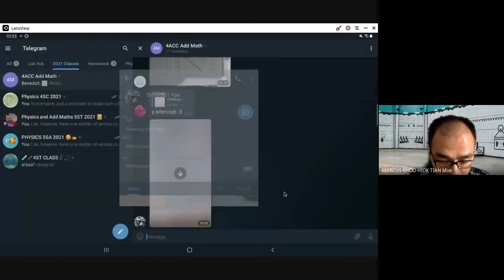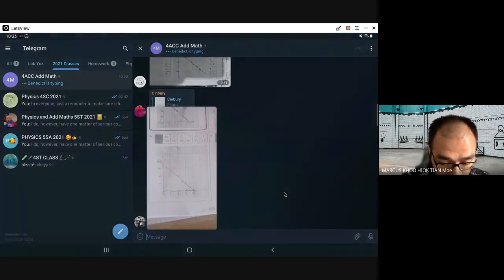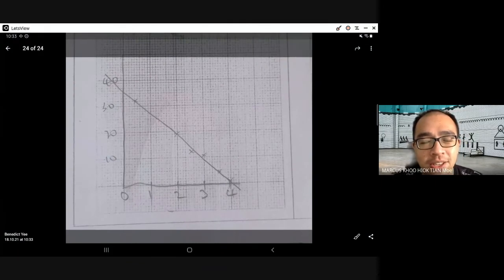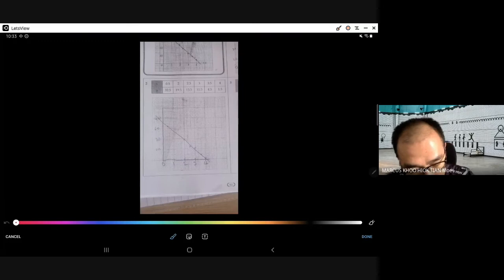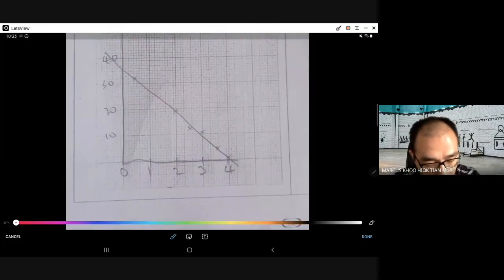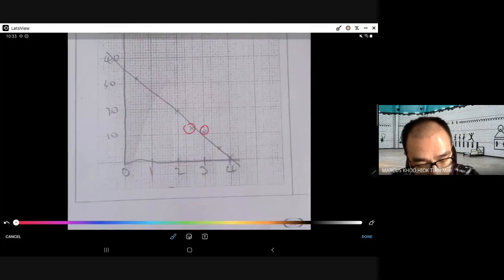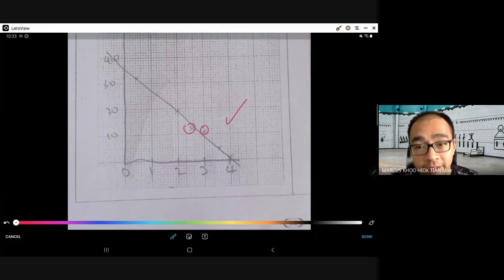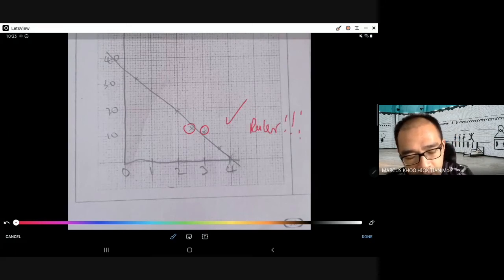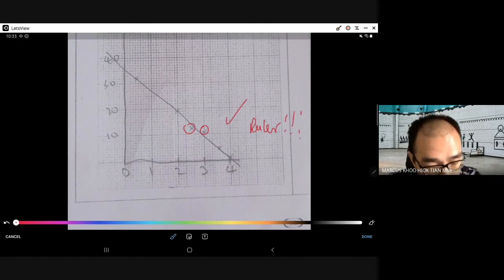All right, let's see. This is Benedict. Benedict's question number 2. Assuming that your straight line is good, the good thing is 1 on each side. So this is a correct graph, except that ruler. No ruler. Can you tell me how much this is, please?